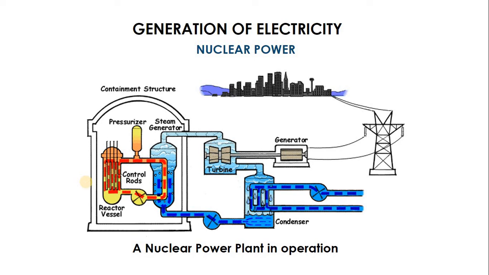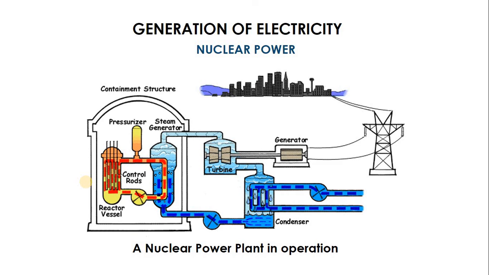Nuclear reaction. We have two forms of nuclear reaction, and all these forms of reactions produce heat. We have what we call the fission reaction. We also have the fusion reaction. Fission reaction is when one big atom is split into smaller atoms. Then the fusion reaction occurs when smaller atoms combine to form a bigger atom.